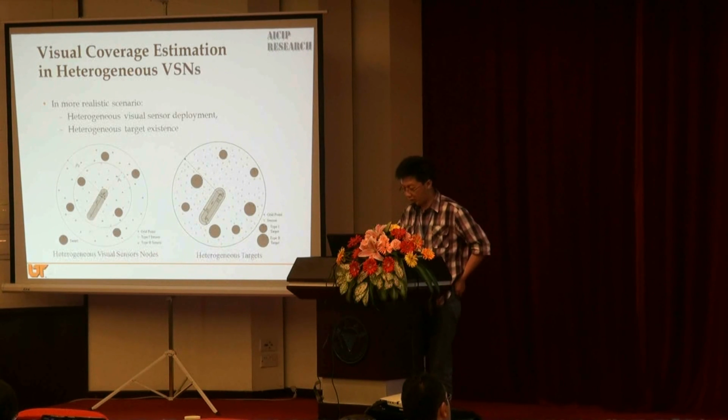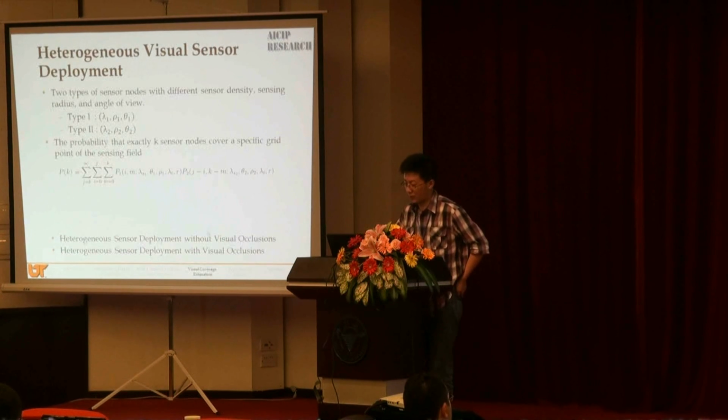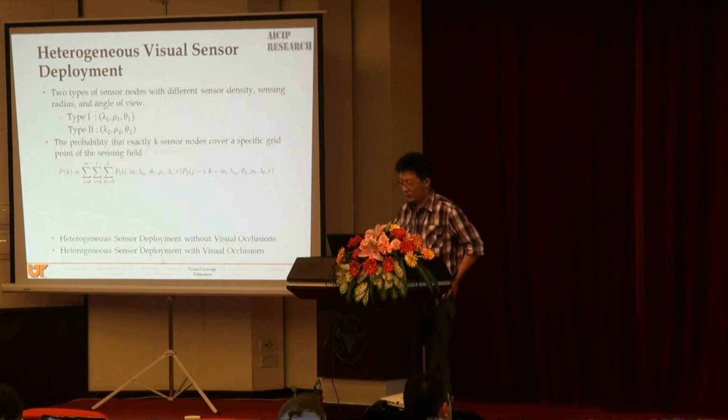First, in the circular figure there are two types of sensor, and in this one there is type 2 sensor, and in this figure there are two types of targets, small one and large one.